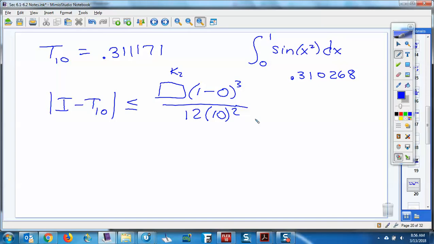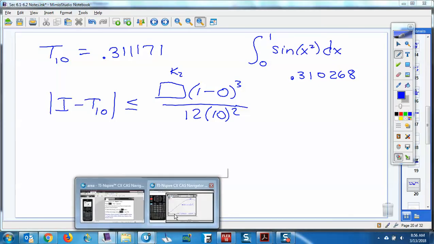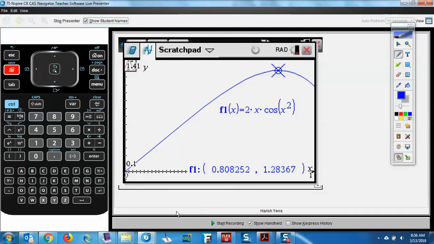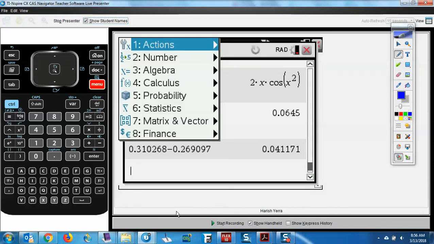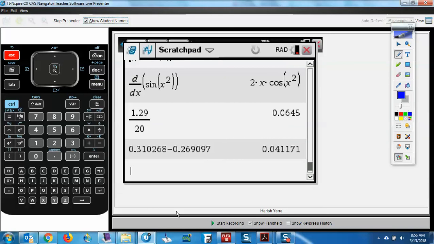Just follow the formula. So let's go back to your calculator screen. We need to get the second derivative. There's a quick way to get the second derivative if you go up to your derivative area there.